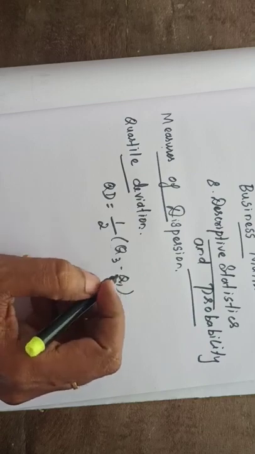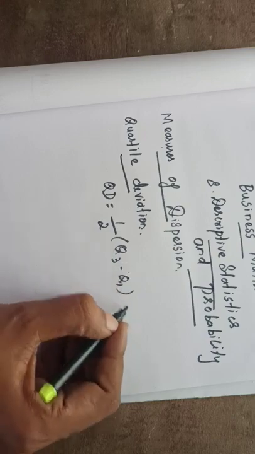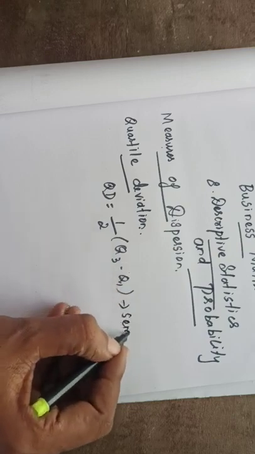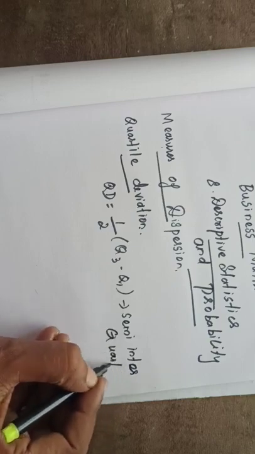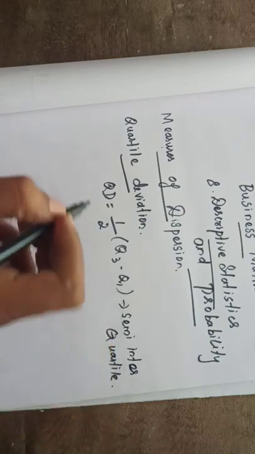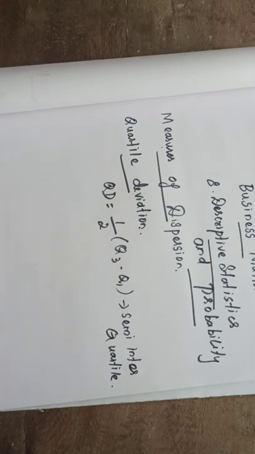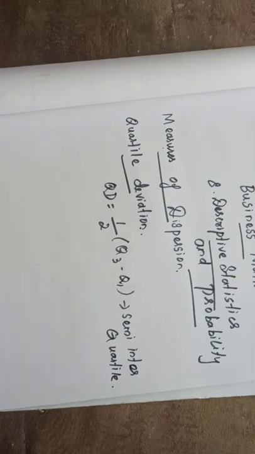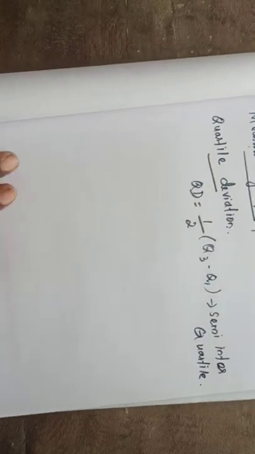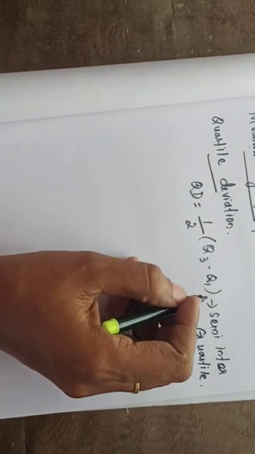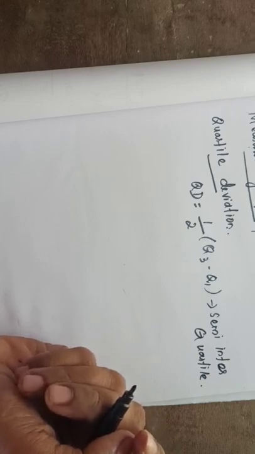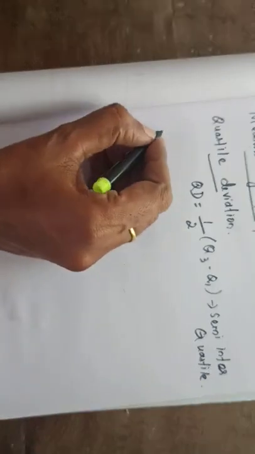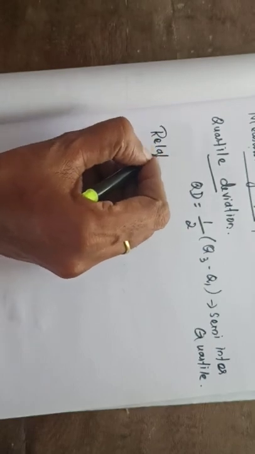It may also be called semi-interquartile range. Okay students, how will you call this quartile deviation? Quartile deviation means half into Q3 minus Q1, where Q1 and Q3 are the first and third quartiles of the distribution.